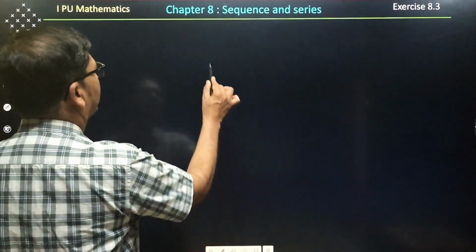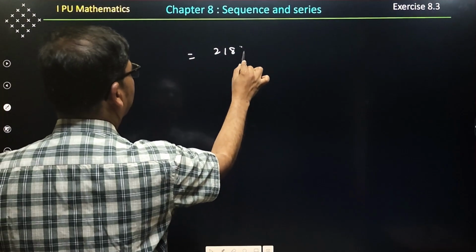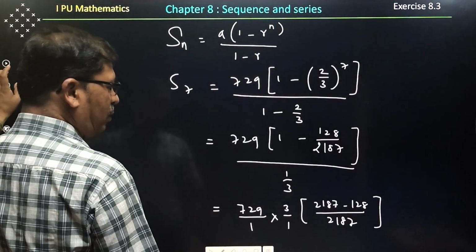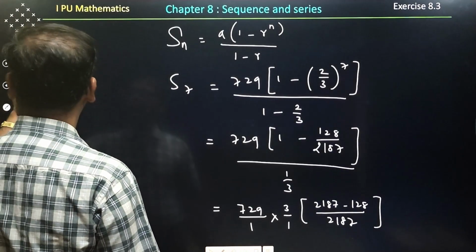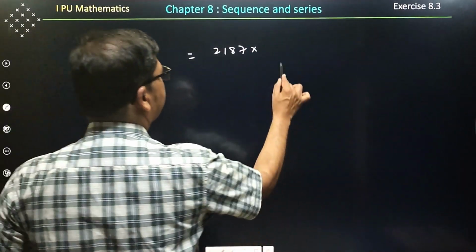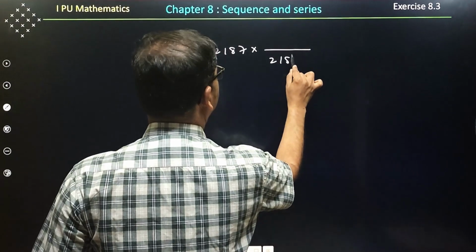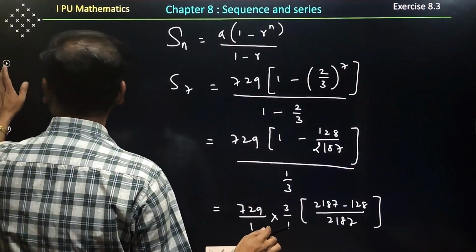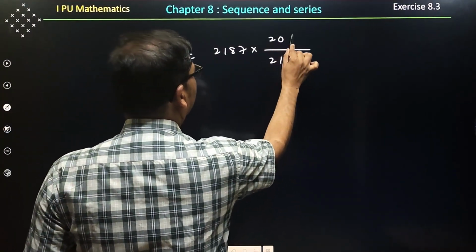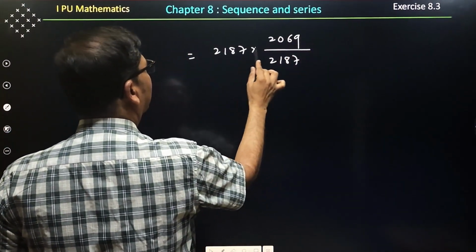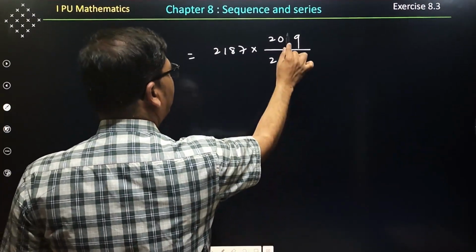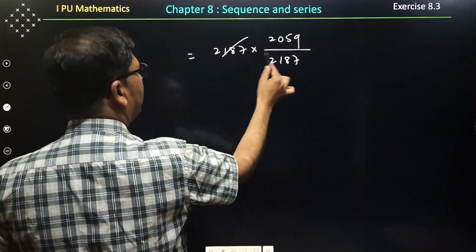Okay. 2187 minus 128 is 2059. In the denominator 2187 is already there, you eliminate this.